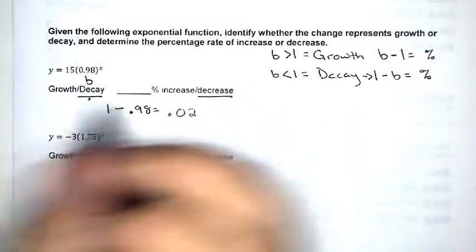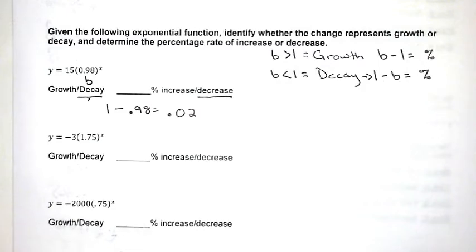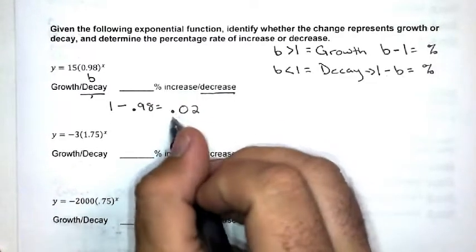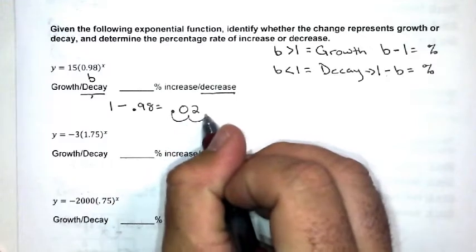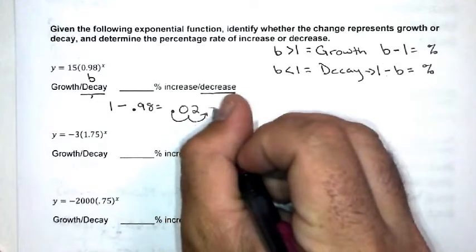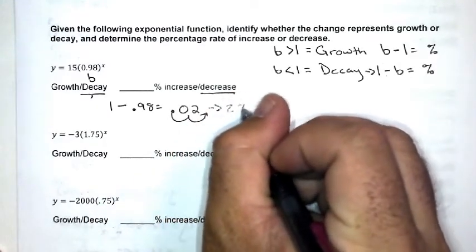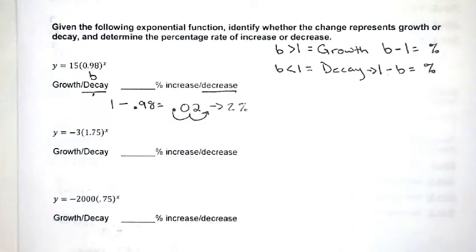We know how to go from a decimal to a percent. Why are you holding up 2? How do you get 2? Because you move the decimal over 2, or to the right, by 2. To go from a decimal to a percent, you will move your decimal point to the right 2 times.